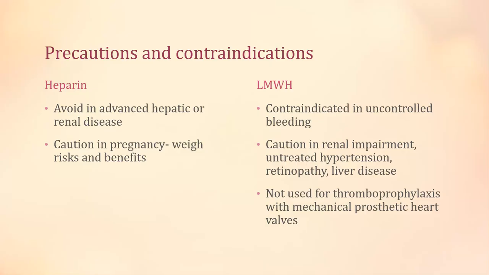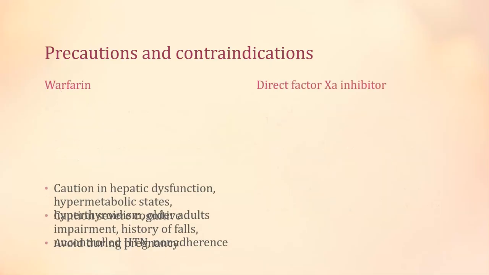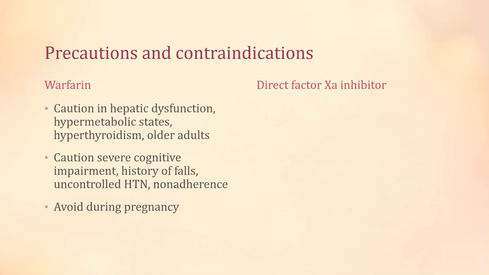Enoxaparin was previously labeled as a category B when we still used those categories, which means it was pretty much safe and there were rare reports of any congenital malformations. Some precautions and contraindications with warfarin: caution in hepatic dysfunction, hypermetabolic states, hyperthyroidism in older adults.